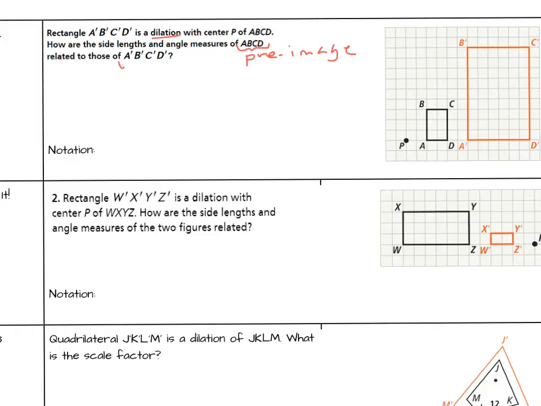And then the dashes are the shape when you're done. By definition, the angles stay the same. So we could even write angles are congruent.